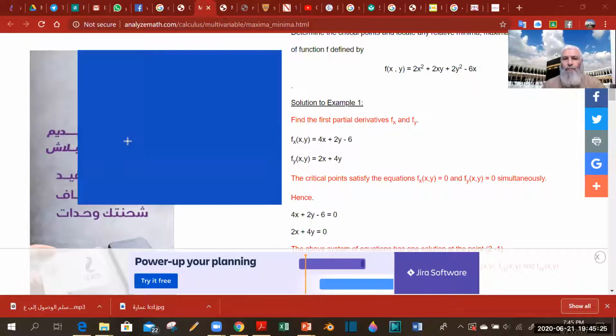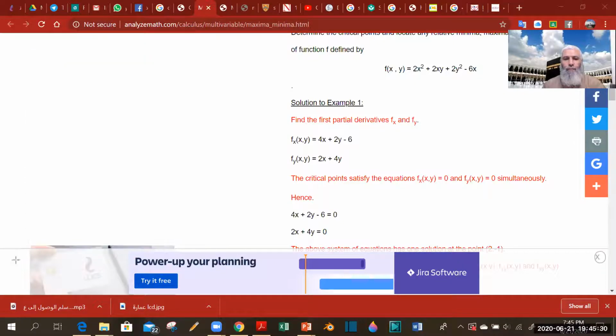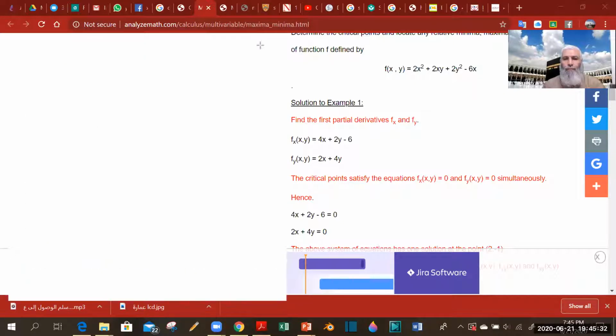Yes. df dx, the derivative relative to x of this function, is 4x plus 2y minus 6. And we will equal this to 0 to find the maximum or minimum, the critical point.